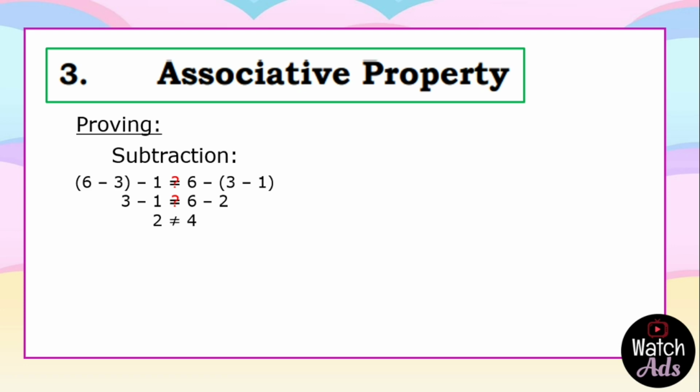So on the right side of the equation, we subtract 3 minus 1 first. Now, 6 minus 3 is equal to 3 minus 1. And then 6 minus 2. Now the answer on the left side of the equation is 2, and on the right side of the equation is 4. It is not equal.